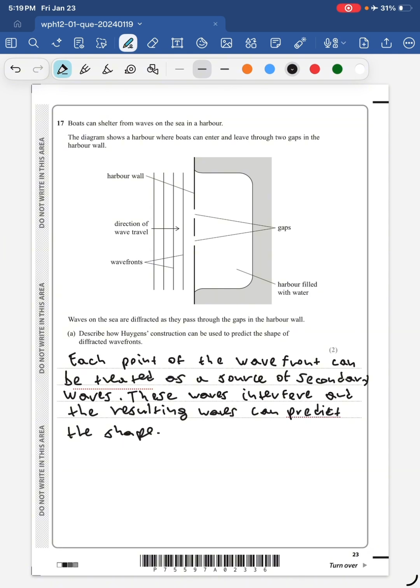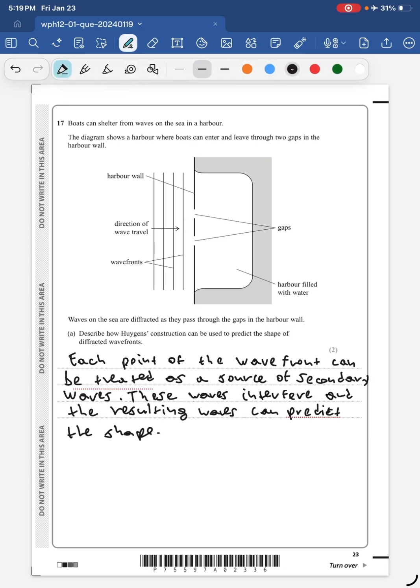So you pretty much take each point as a secondary wave like that, and then you connect the wavefronts, and then you take those points there and you do a Huygens construction again, and so on and so forth. You don't have to draw anything in this answer.